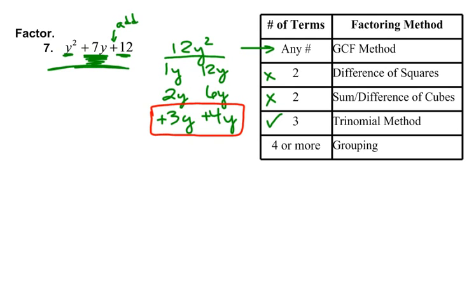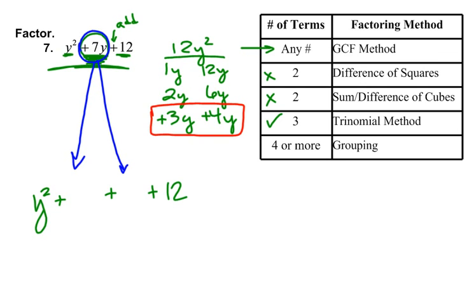We've got y squared, and we're going to take that 7y. I've got the plus 12 on the end. I'm going to take that plus 7y and split it into 2 pieces. Those 2 pieces would be the 3y and the 4y that we determined will add up to make that 7. It's a very important part.